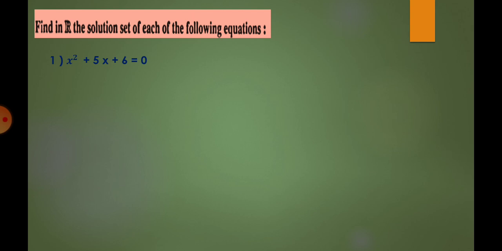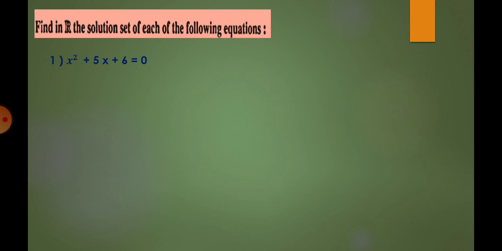Here we want two numbers whose product equals 6 and whose sum equals 5. 1 times 6 equals 6, but 1 plus 6 equals 7. 2 times 3 equals 6, and 2 plus 3 equals 5.